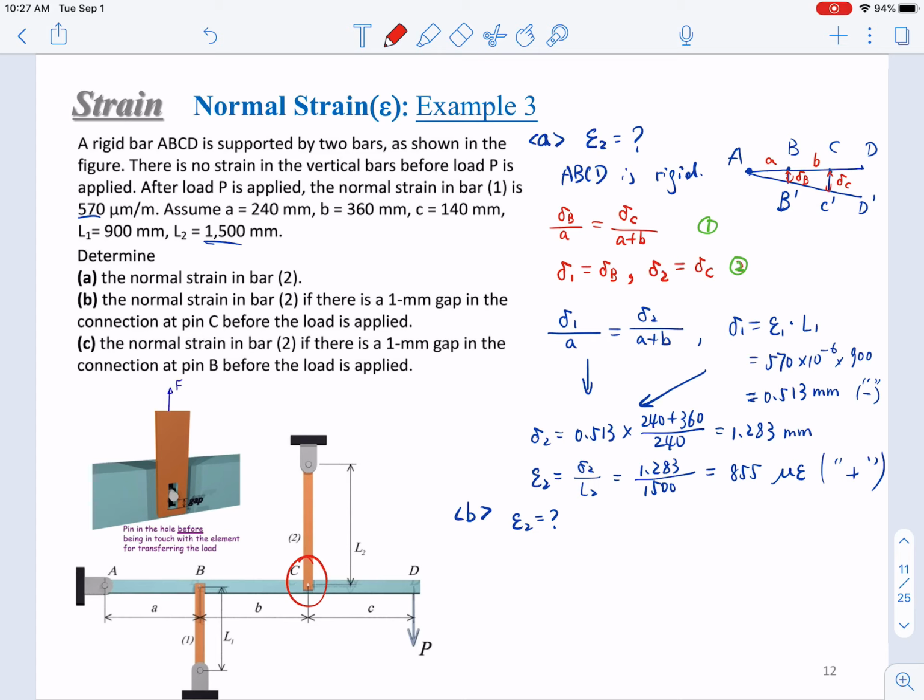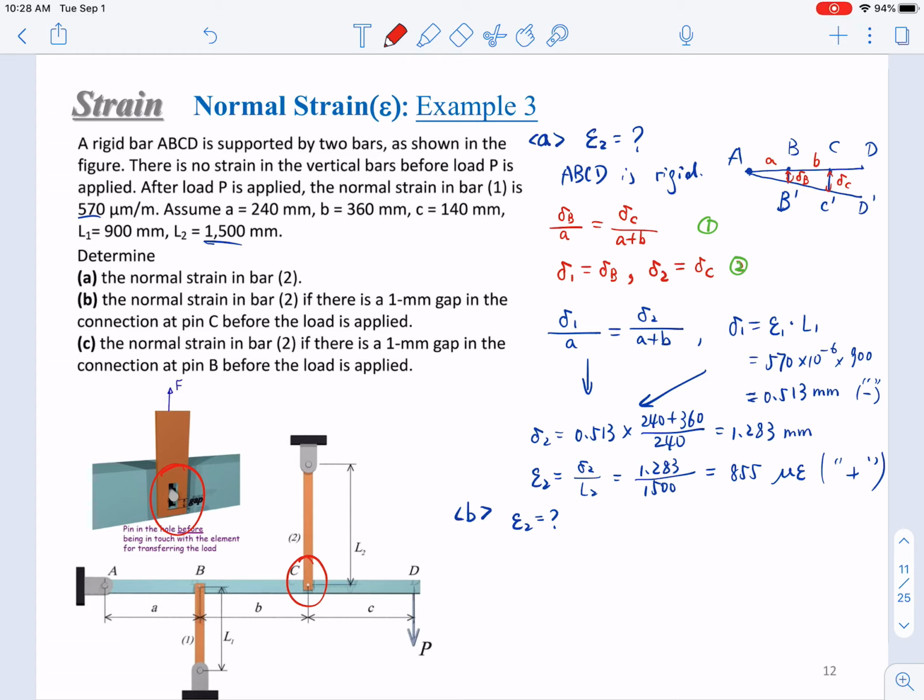So what does this gap mean? This is illustrated here, meaning that you have a gap between this pin at point C and the edge of the hole on bar 2. When you add load P, the rigid bar A, B, C, D has to travel 1 millimeter first before it can touch the edge of the hole on bar 2.